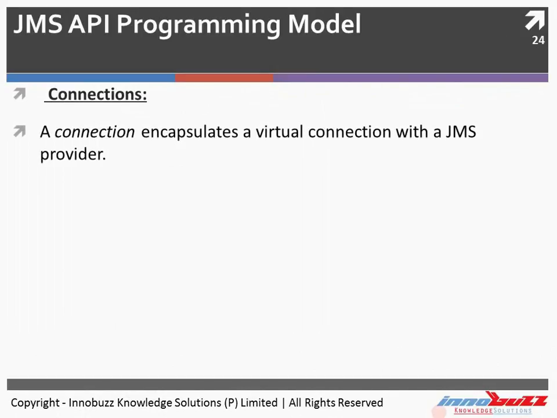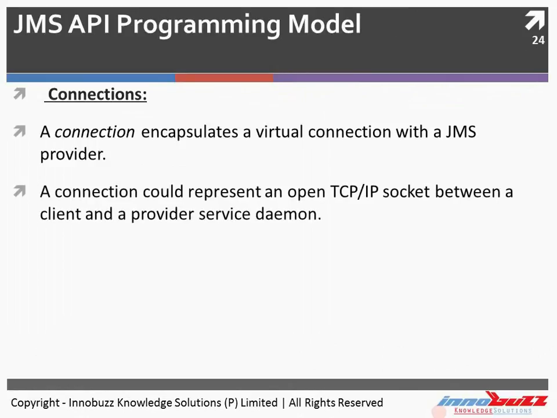Next are the connections. A connection encapsulates a virtual connection with the JMS provider. A connection could represent an open TCP/IP socket. TCP/IP is nothing but a protocol, between a client and a provider service domain.